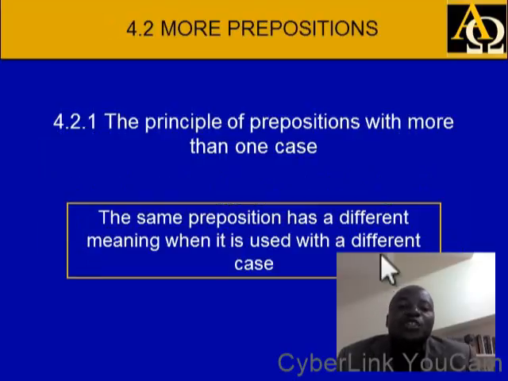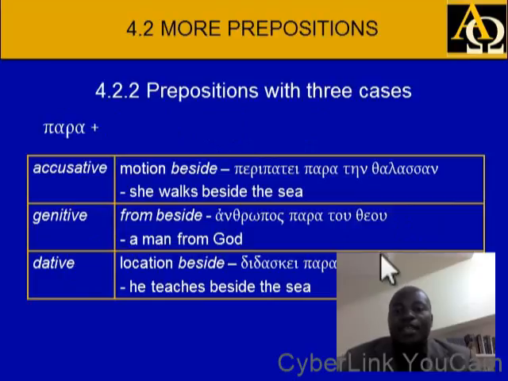The principle of prepositions with more than one case: the same preposition has a different meaning when it is used with a different case. So that's what we're going to look at. Para, for example, depending on whether it is followed by a genitive or accusative or dative, takes a different meaning.